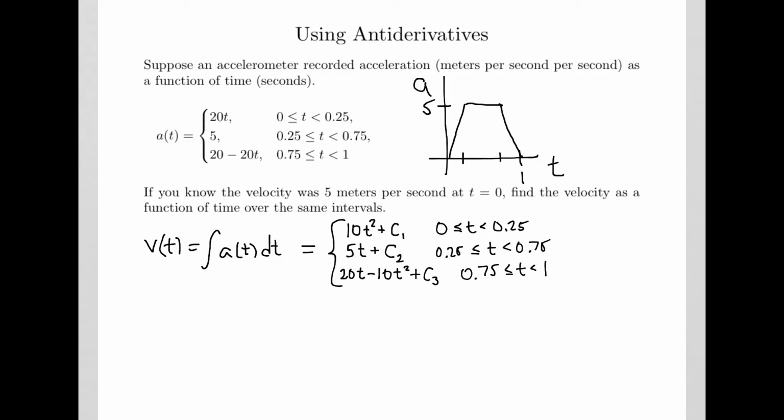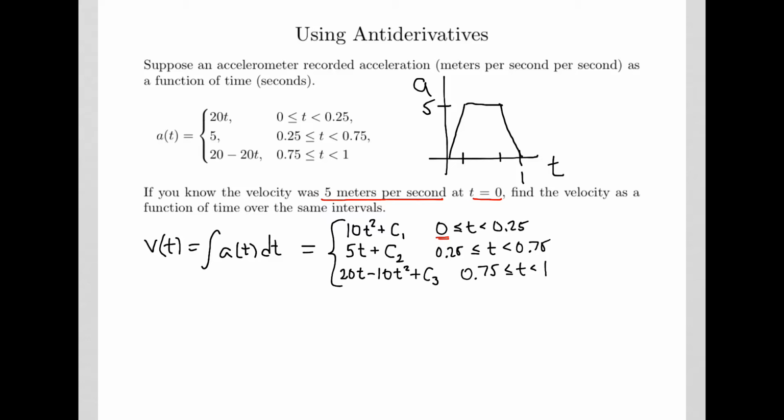Now, what do we know? We have some data that the velocity is 5 meters per second when t is 0. And that happens to apply in the first rule. We can calculate C1 by using that data.